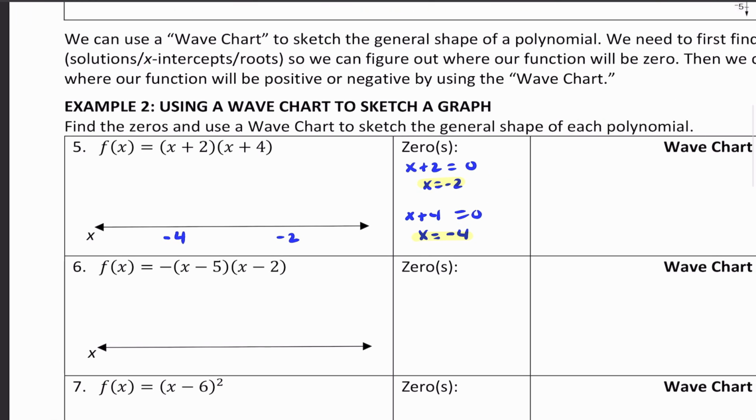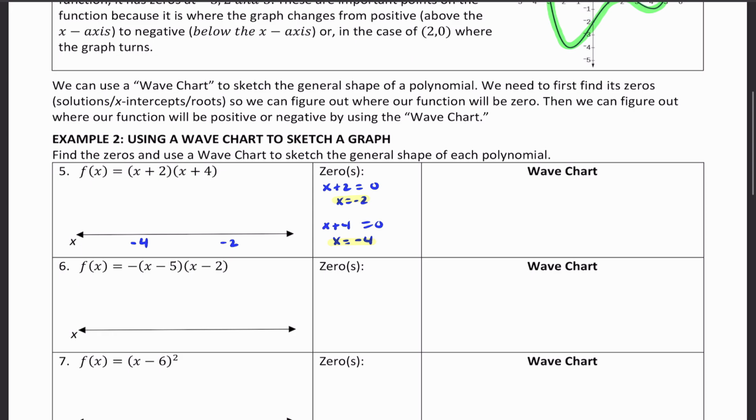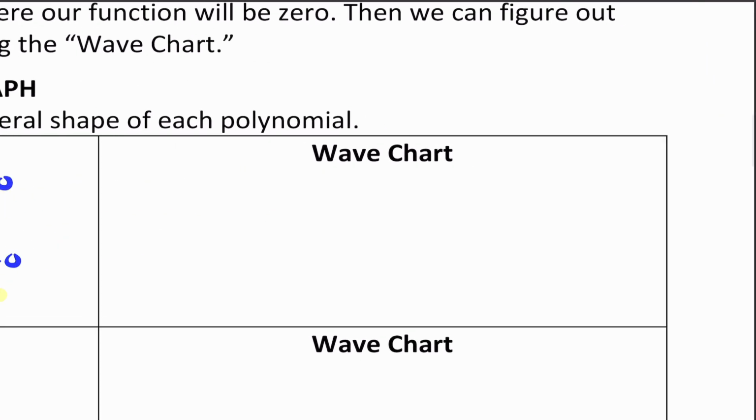So what do I do from here? Well, remember, the first thing that we had to do was figure out our x-intercepts. Now, the next thing that I have to do is to figure out where the line is positive or negative. And this is where the wave chart or the sign chart comes into play.